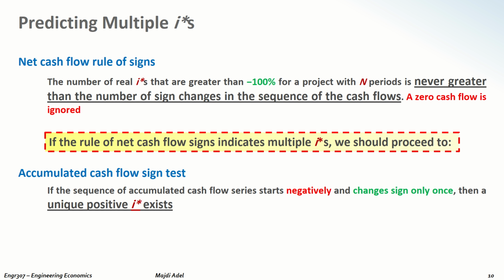I have to calculate the accumulated cash flow, and the rule states that if a cash flow starts negatively and changes its sign one time, then there is only one I star, only one rate of return. So the conditions are: it starts negative and changes its sign one time, then I can say this project has only one rate of return.